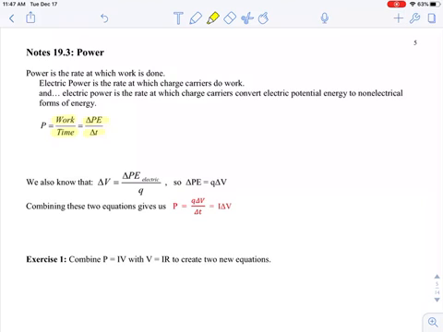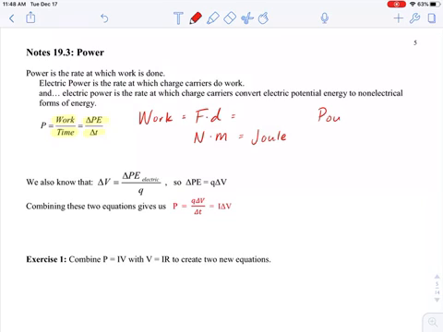Just a couple of reminders: work is force times distance at its most basic, and force times distance is newtons times meters, and our unit for that is the joule.